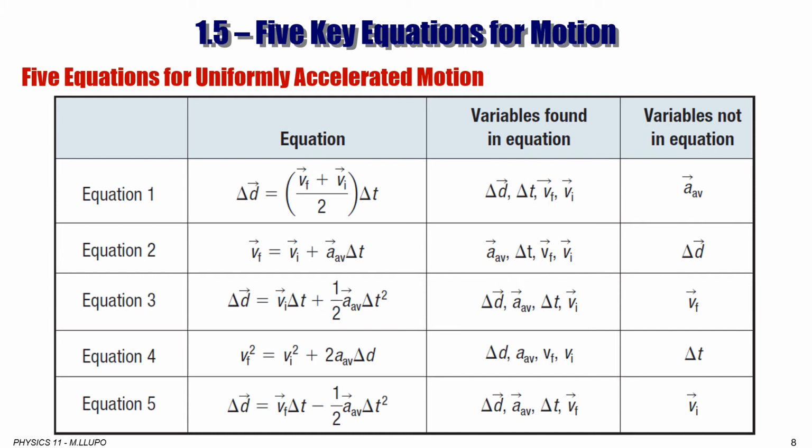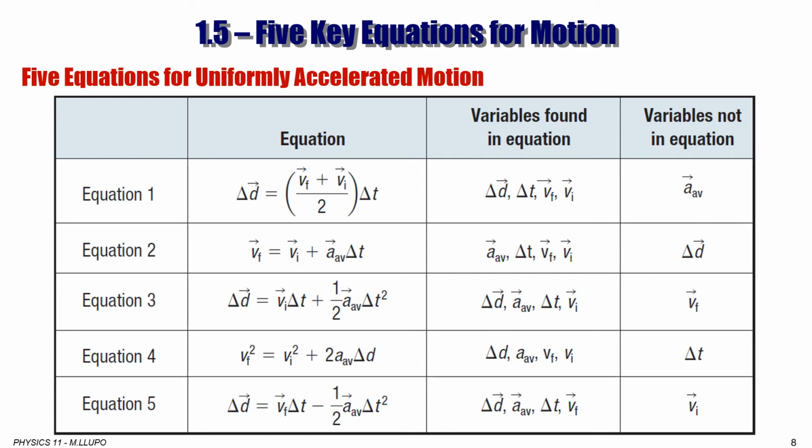When you have variables in equations, and if you don't have acceleration, for example, you can use equation number 1. If you have A average, delta T, V final or V initial, and you don't have delta D, then equation number 2 is the one to use.